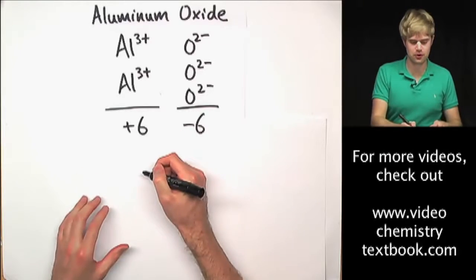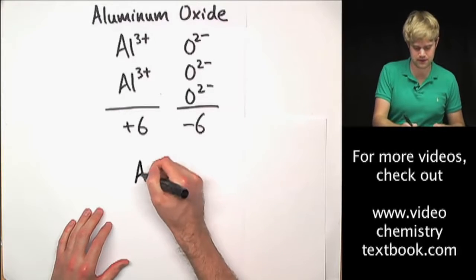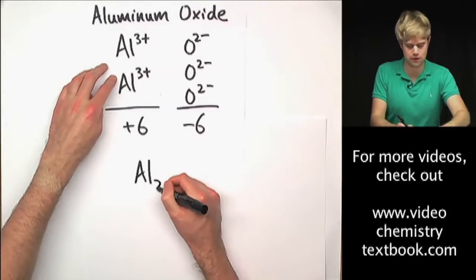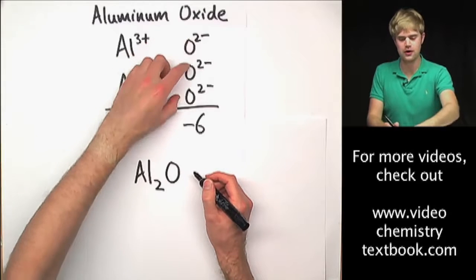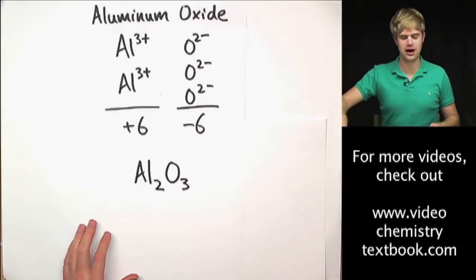Now I'm going to write the chemical formula to show how many of each I need to have. That's going to be Al2 and O3. I have 2 aluminums and 3 oxygens.